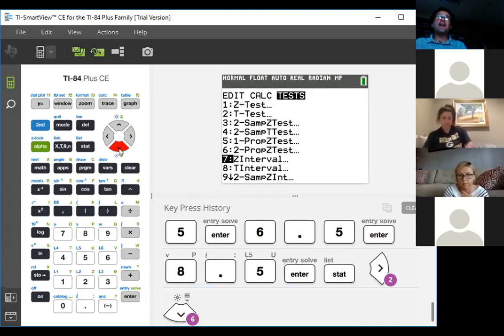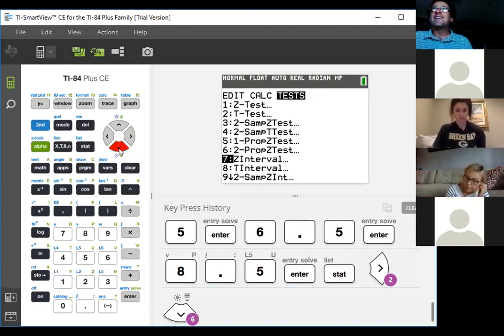And this was found out mathematically a long time ago by a guy that worked for a brewery. He was doing sampling on beer, and he realized that he wasn't getting it right 95% of the time. He was getting it right a little bit less of the time.